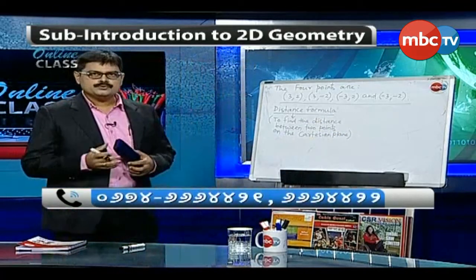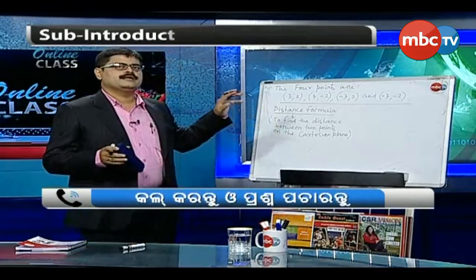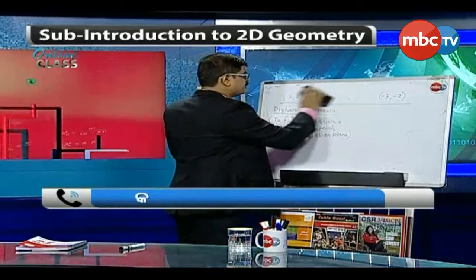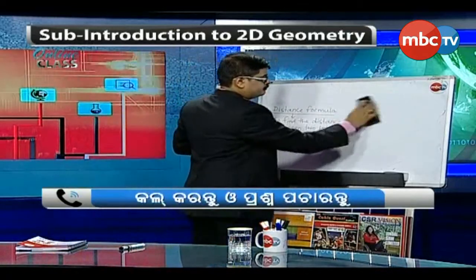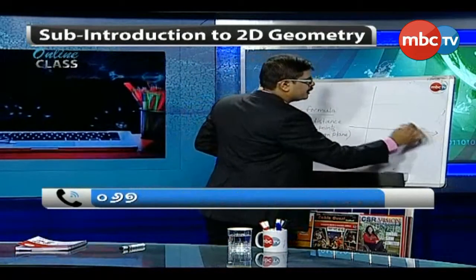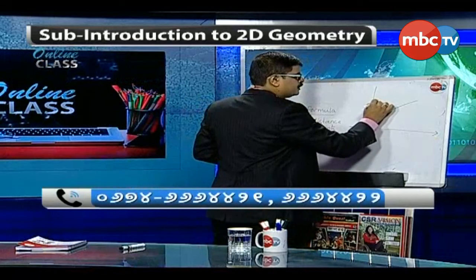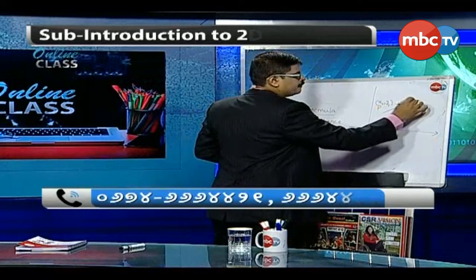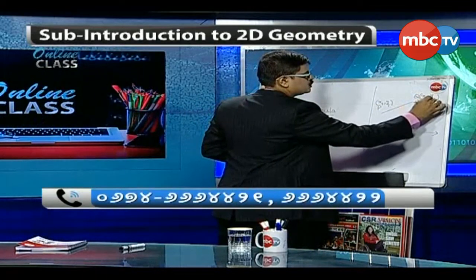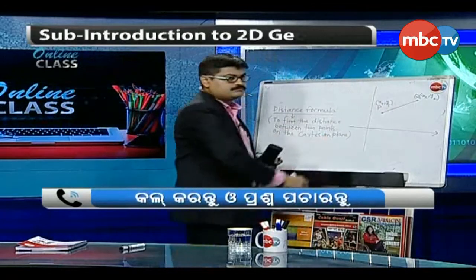Distance formula is used to find the distance between 2 points on the Cartesian plane. Now let us take 2 points then. Suppose we are given 2 points, say this point is P(x1, y1), this point is Q(x2, y2), and we have to find the distance PQ.